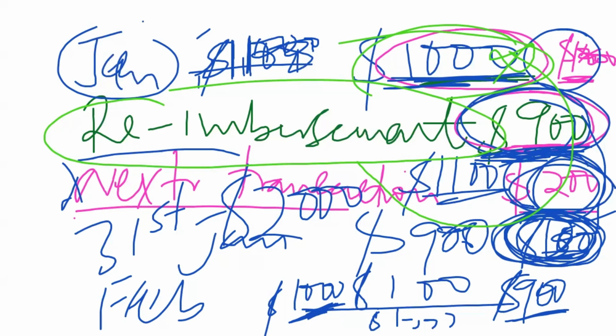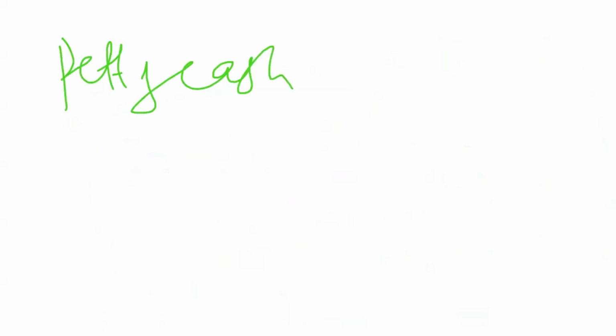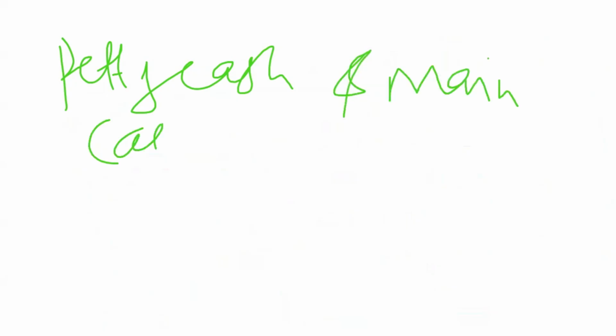However, let me also tell you something: in most of our organizations today, especially in Africa, what we have done is that we try to combine the petty cash with the main cash book.